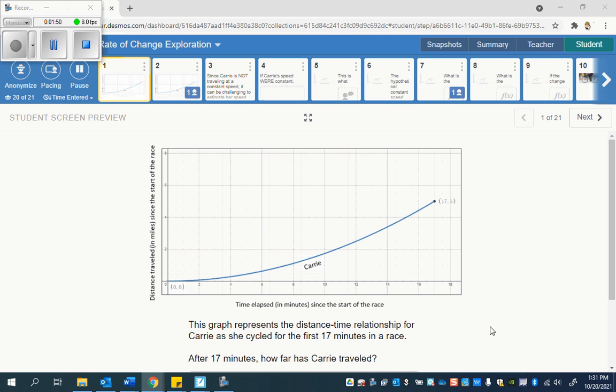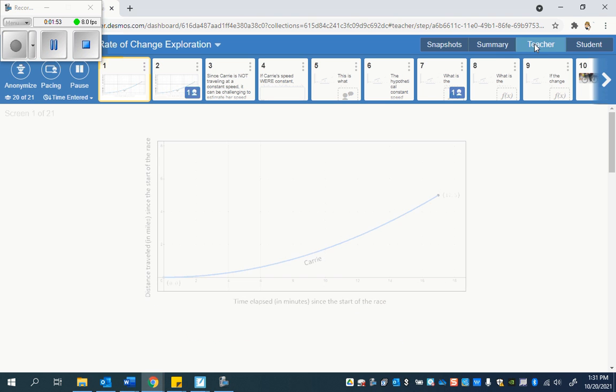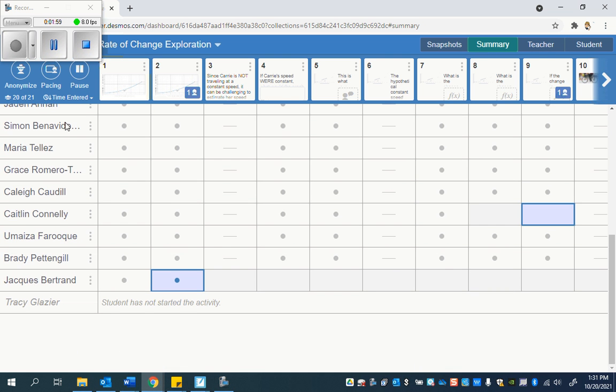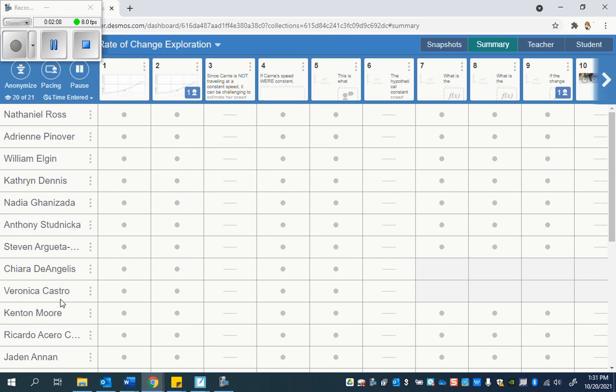Okay. The cool thing about Desmos is if I look at my summary, I can see everybody that logged in. Oh, this kid didn't start yet. That would be me testing the link.